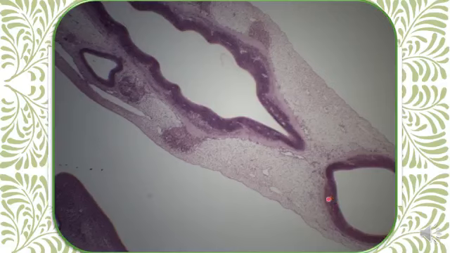Also you can see the wall, neuroepithelial, mantle zone, and marginal zone. Also in transverse sections in the pig embryo you can see the ear vesicles or the otic vesicle or the otocyst.